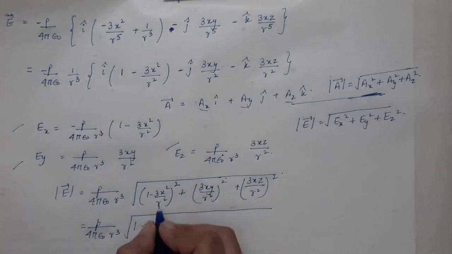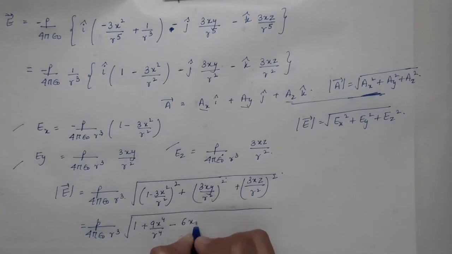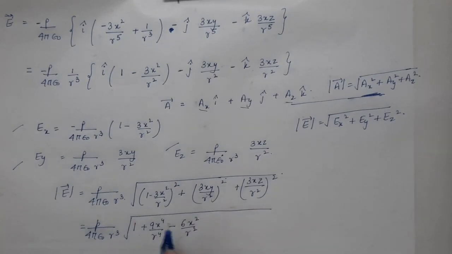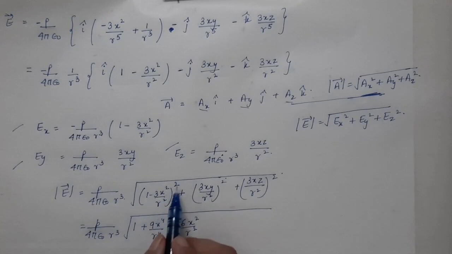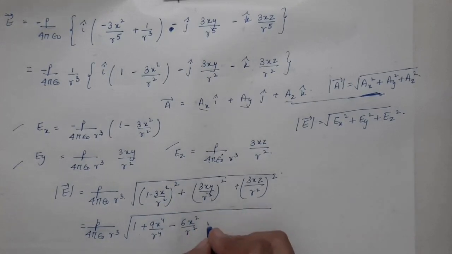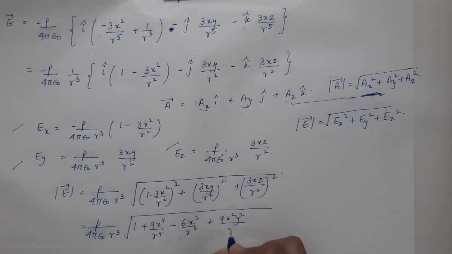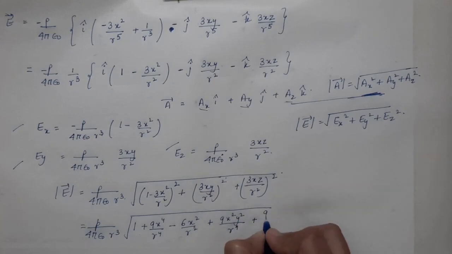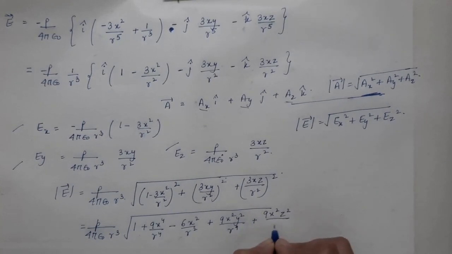Then I have minus 2ab, which will be 6x square by r square. So I have just used the formula of a minus b whole square. Then I am doing the square of these terms, which will become 9x square y square by r power 4, and the last term I will get 9x square z square divided by r power 4.